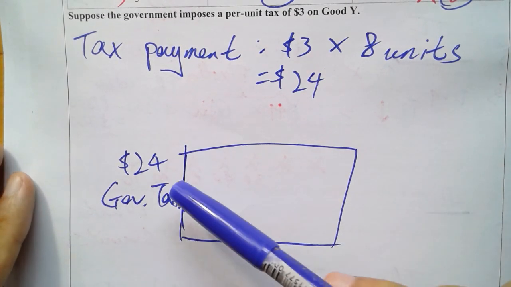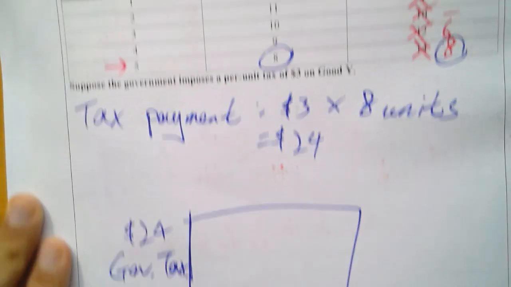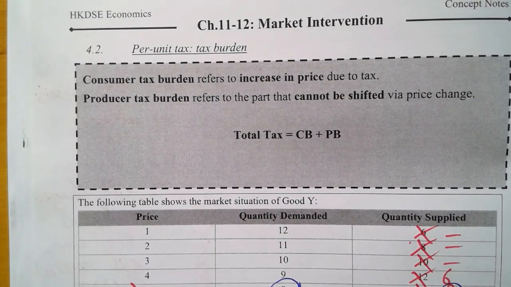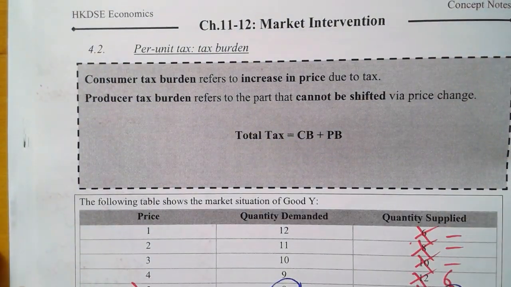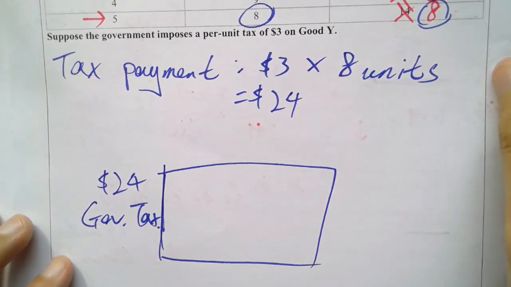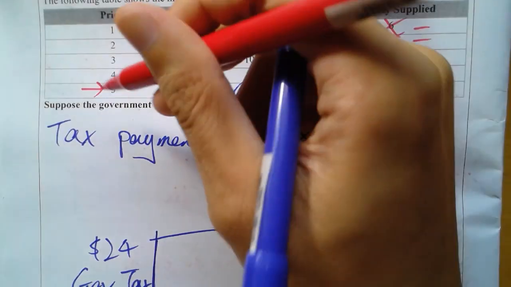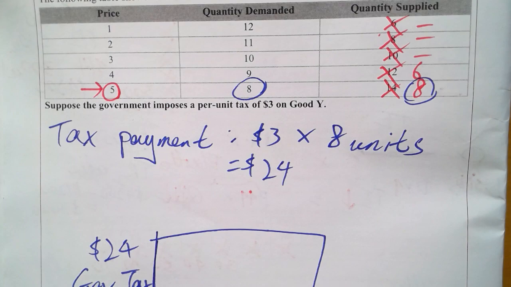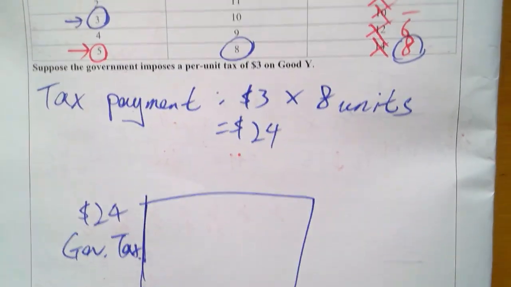Remember, the $24 is actually paid by two players. Okay, now there are two players that are paying the tax, consumer and producer. Okay, now how do we define consumer and producer? Okay, now remember the new price here. New price is $5. Original situation $3. Do you see?